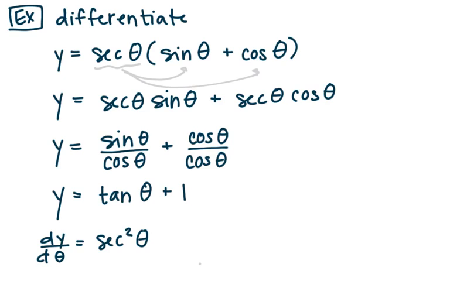So this example just goes to show if you are comfortable in your trig, the calculus is really very simple. So whenever we can, we want to try and simplify first.